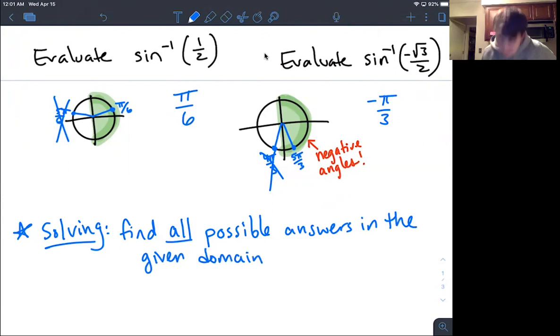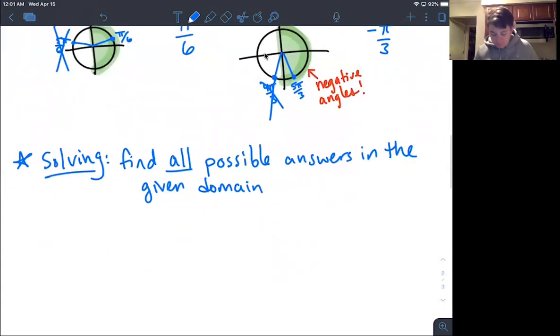The last 2 days, we have been solving equations, and one of our questions on the worksheet yesterday had like 12 possible answers, because my domain was all the way from 0 to 2 pi. So whatever that domain is, give me all of the possible answers.